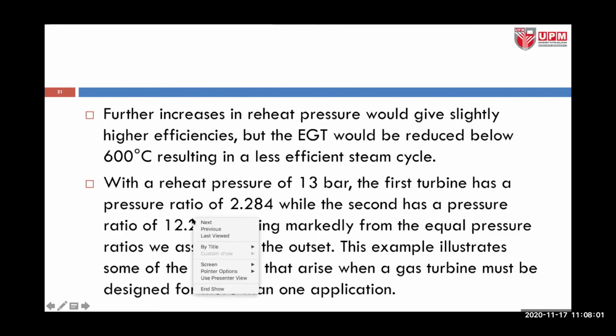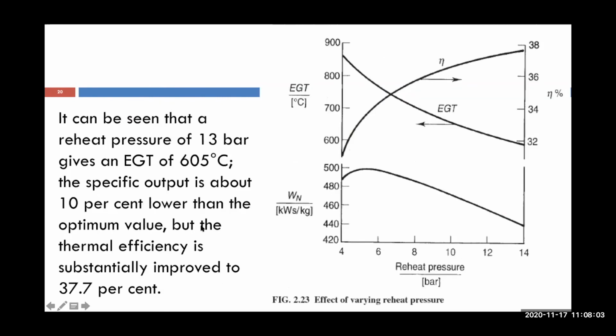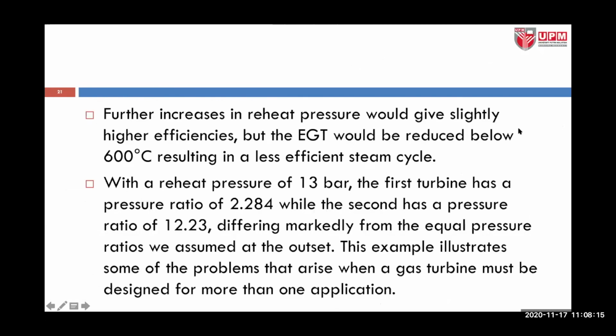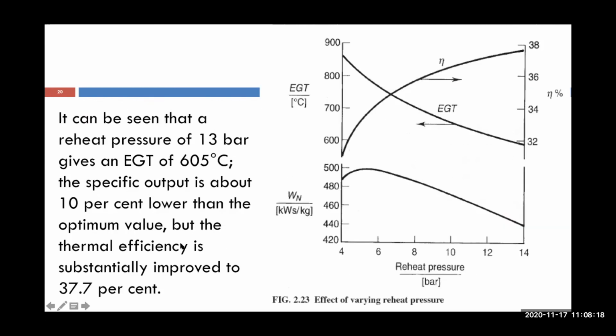Earlier it is about 37.7%. It goes roughly here. But the thermal efficiency is substantially improved to 37.7%. So, as we increase the reheat pressure, the thermal efficiency is increasing, but with a lower exhaust gas temperature.